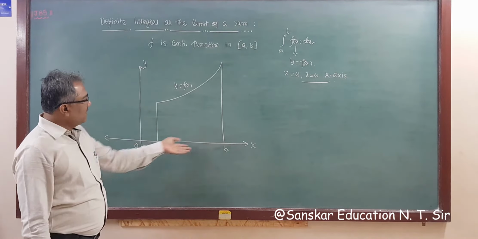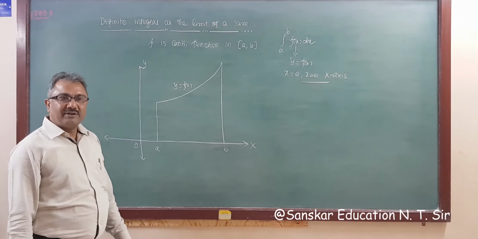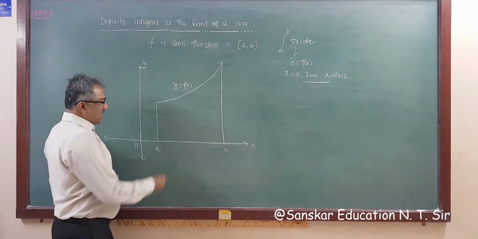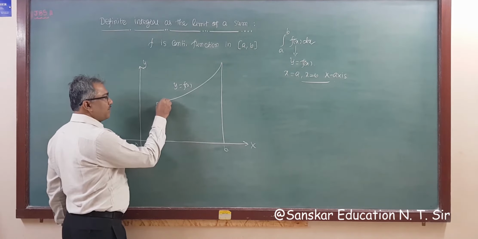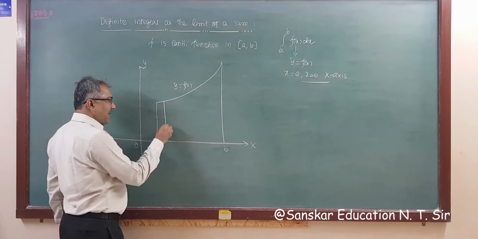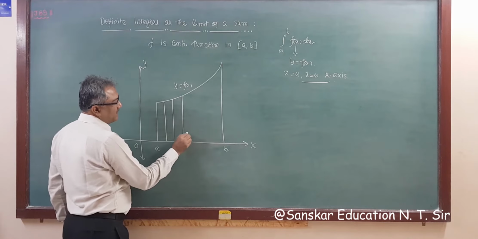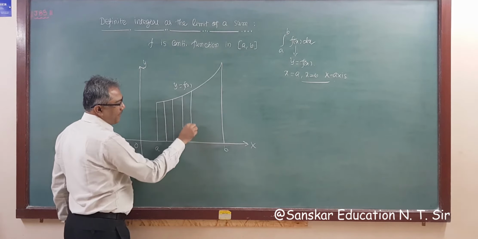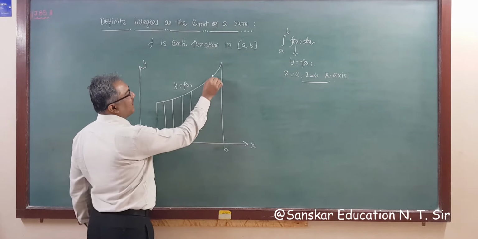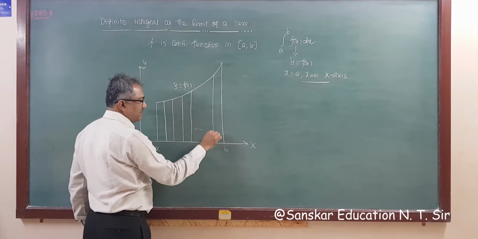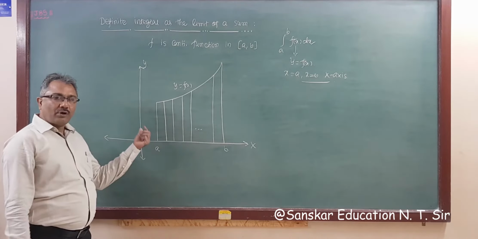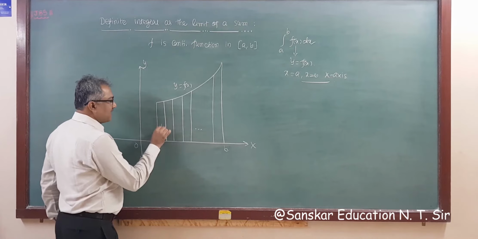So suppose this closed interval AB is given. Suppose I am dividing this closed interval into n equal parts, dot dot dot, and this is the last part. The length of each equal part is h.